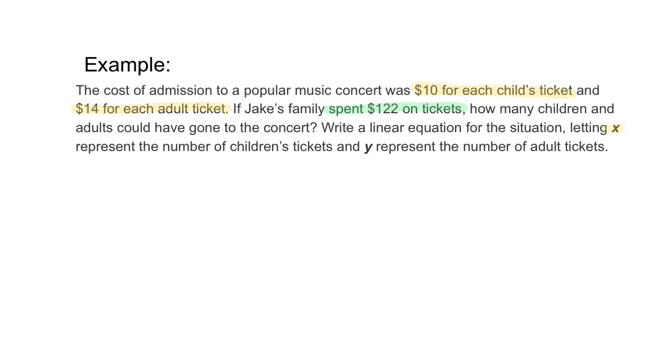So if X is children's tickets and Y is adults tickets, and here we have the information for adult tickets right there, then we can put this together with the idea that they spent a total of $122 by putting equals 122.